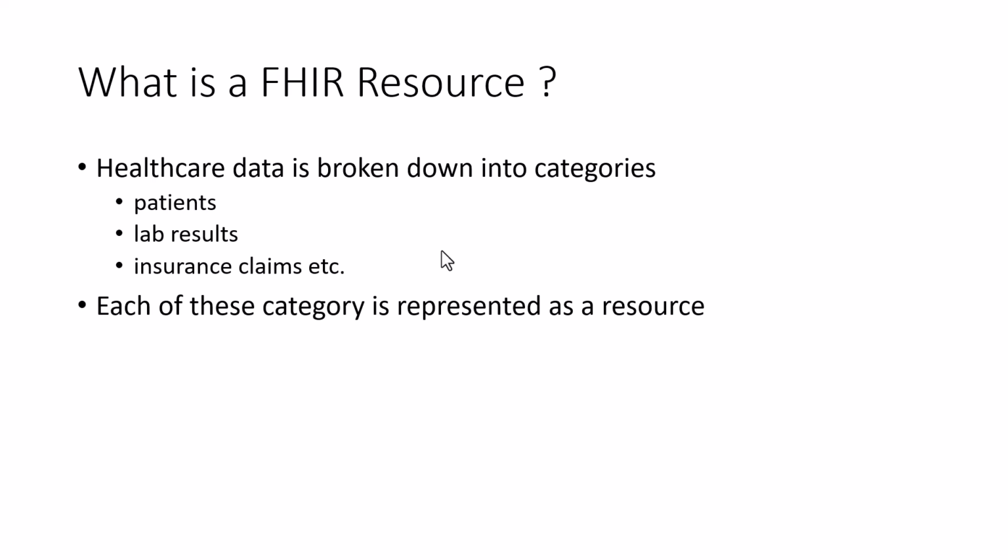When you're building an application, you can build it based on a single resource, or based on your specific use case you can also have a combination of different resources. For example, patients, practitioner, and observation. You can combine all these resources and build your application.